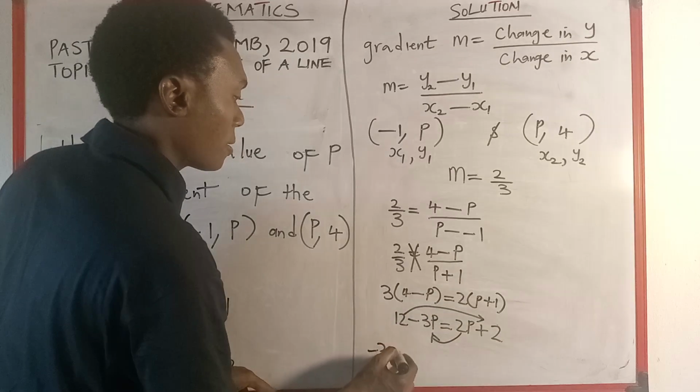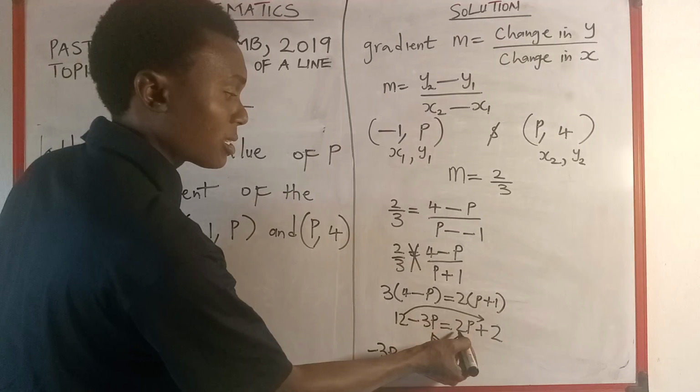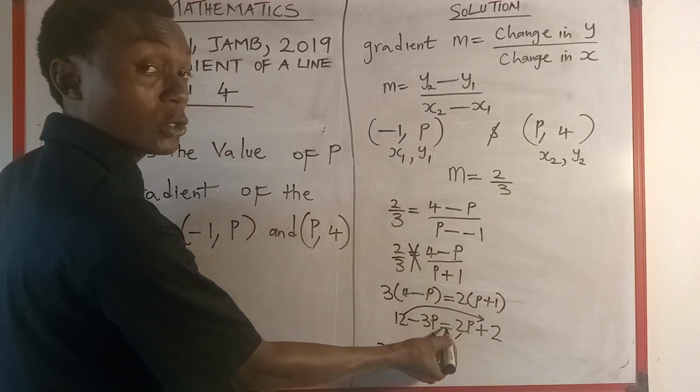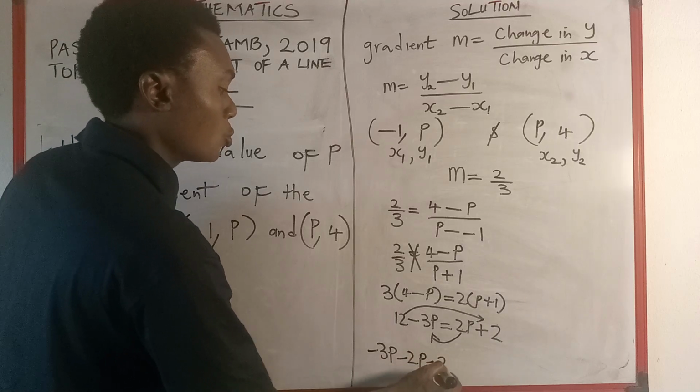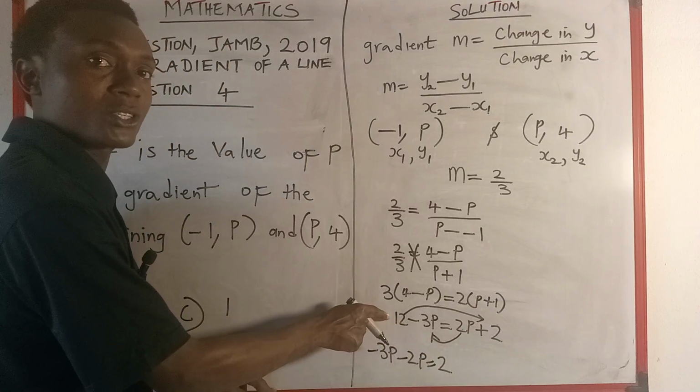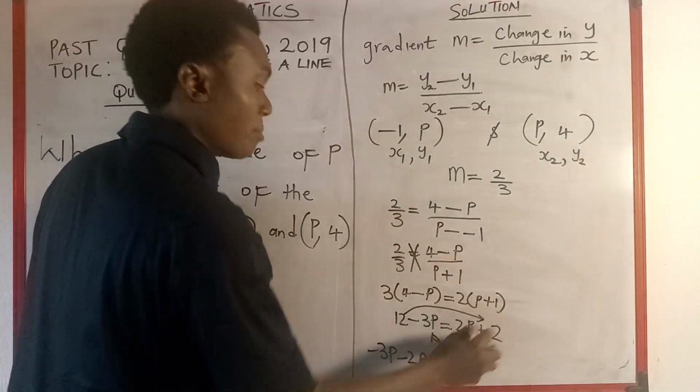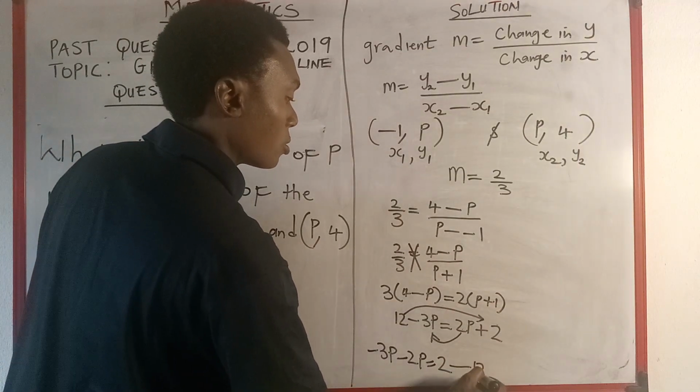So what do we have there? Minus 3P, minus because this is plus 2P, so it's crossing the equal sign. We're having minus 2P is equal to 2. There's an invisible plus here, so it's crossing, making it 2 minus 12.